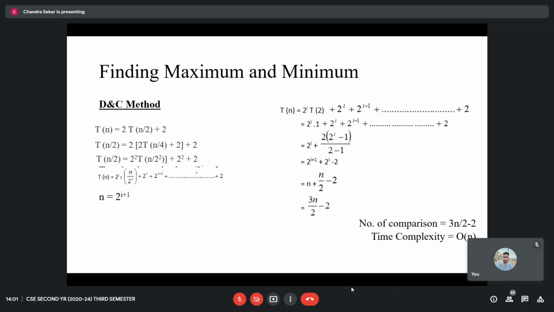Generalizing this, if you keep substituting like yesterday we did for n by 4, n by 8 and so on, what we'll be getting is 2 plus 2 square and so on up to 2 power i, plus 2 power i into t of n by 2 power i. This is the general form of the equation.